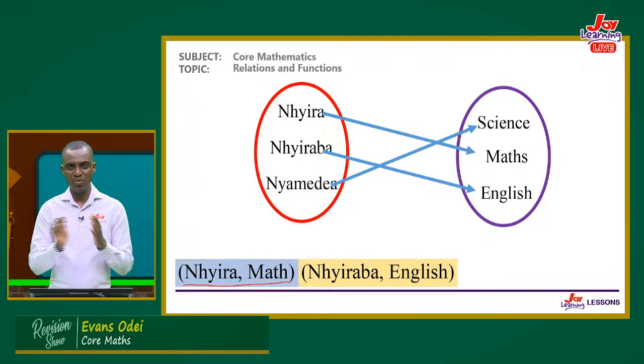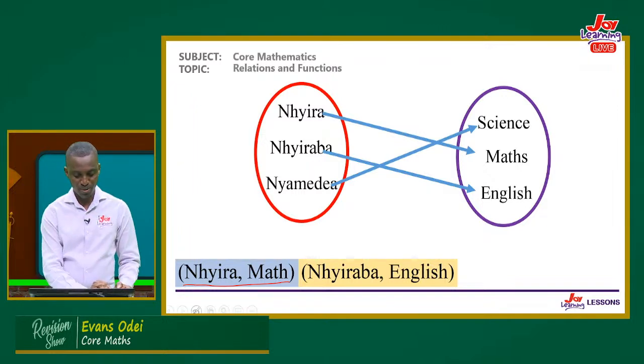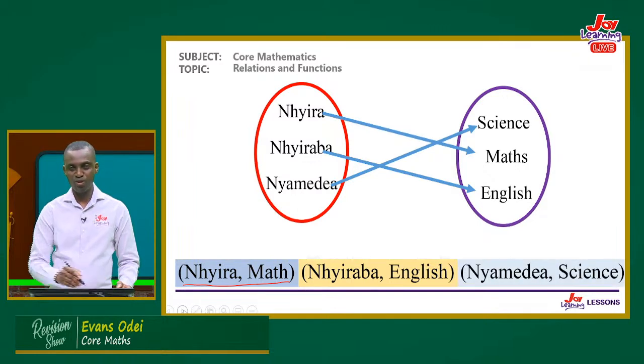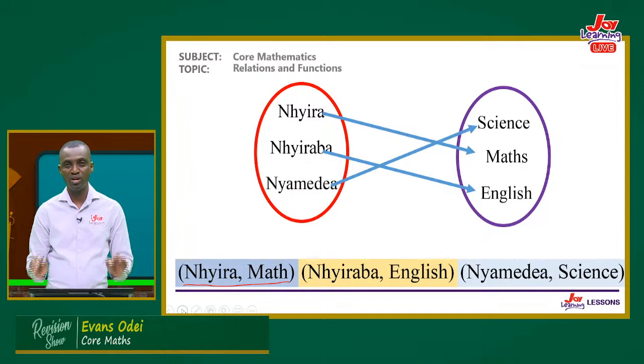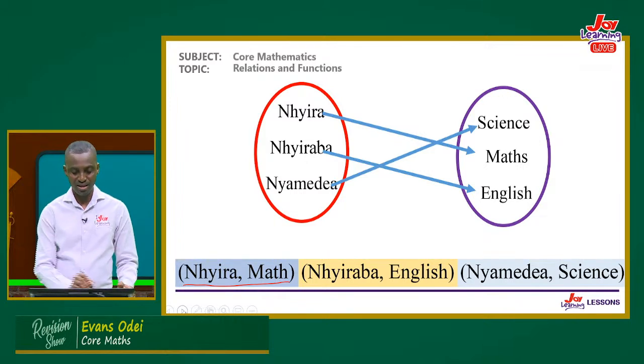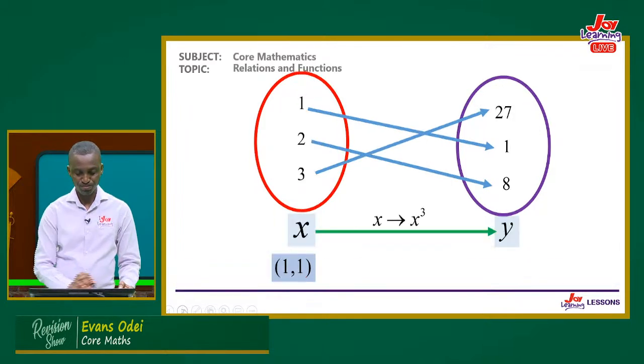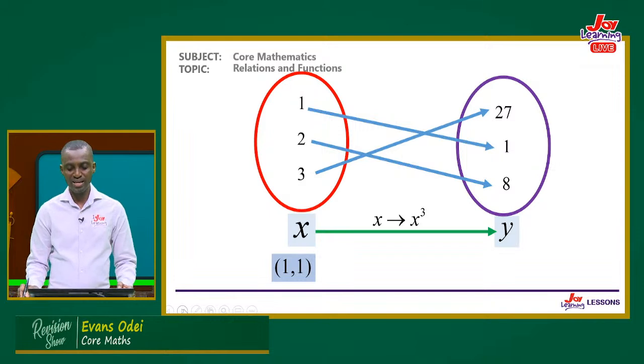So that relationship brings them together in terms of an ordered pair. Then Nyamidie also relates to science. This is what we call the ordered pair. In most cases in relations and functions, we'll be seeing a lot of these ordered pairs as examples. All right. So again, we have the second example that we brought in as relations.